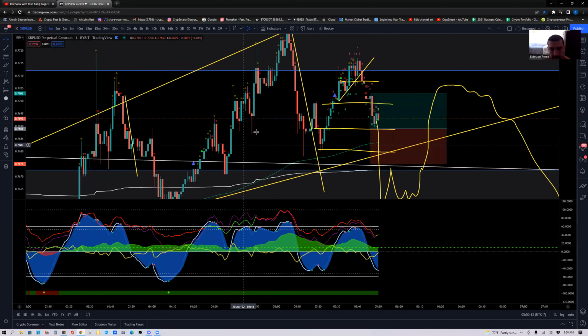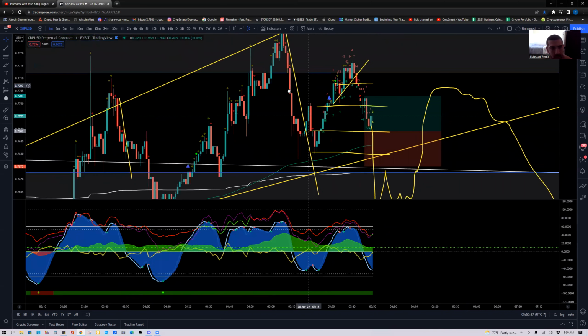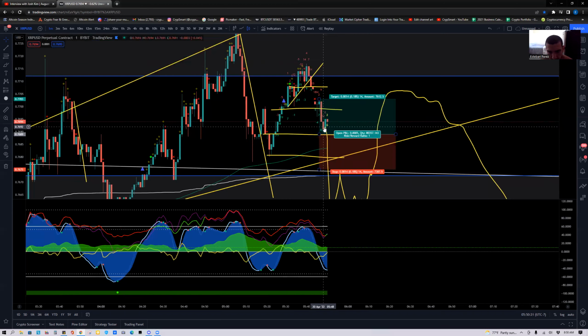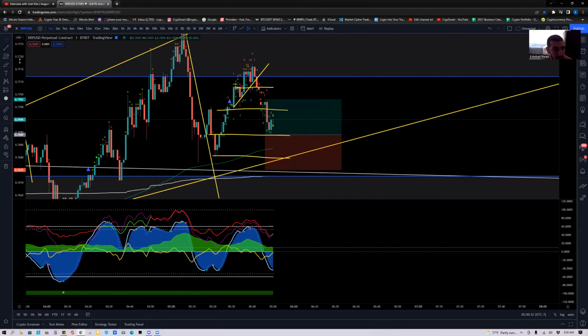Let's see what we got. Go back. Okay, so as you can see, we bottomed out at a support level here. Let's erase this. We bottomed out at a support level.